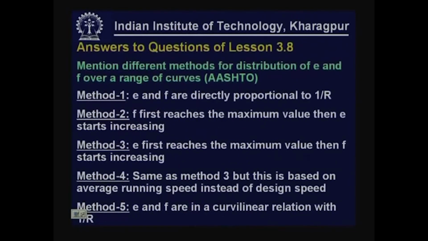Now, let me take up the questions which were asked in the last lesson and try to answer them. Different methods for distribution of E and F over a range of curves. There are 5 different methods.